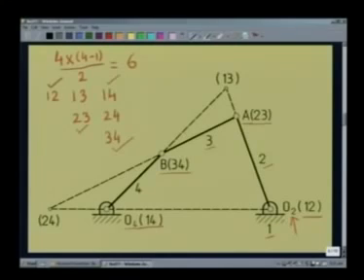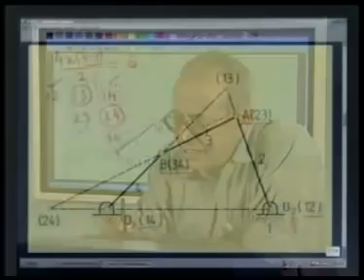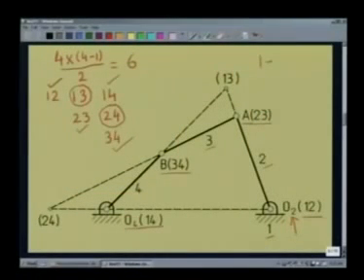We have still to determine 2 more instantaneous centers, namely 1,3 and 2,4. To determine these 2, we invoke the Aronhold-Kennedy theorem of 3 centers. For example, if 3 rigid bodies, namely 1, 2 and 3, are in relative motion with respect to one another, then the 3 relative instantaneous centers, that is 1,2, 2,3 and 1,3, will be collinear.